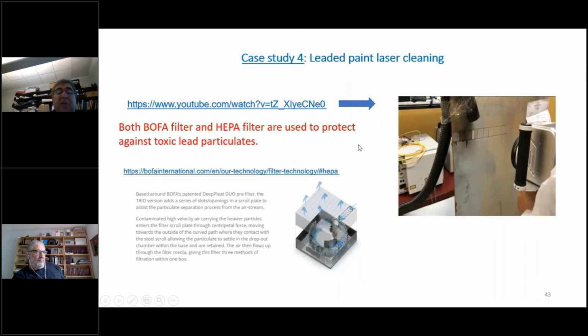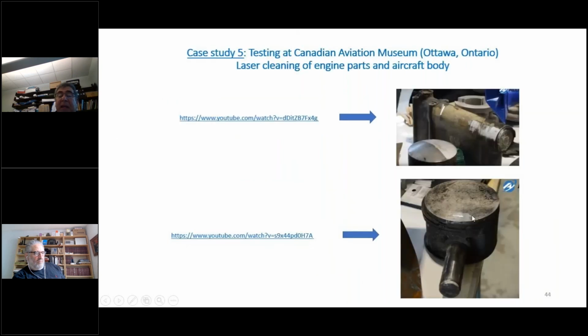For this reason, not only a HEPA filter needs to be used, you also need to use a BOFA filter that uses scroll plates in a circular geometry, and the heavier particles go inside, and due to centripetal force they get filtered out because they go into larger and larger circles, and they fall into these scroll plates, and then the rest would go into the HEPA filter. So you need more precaution for leaded paint.